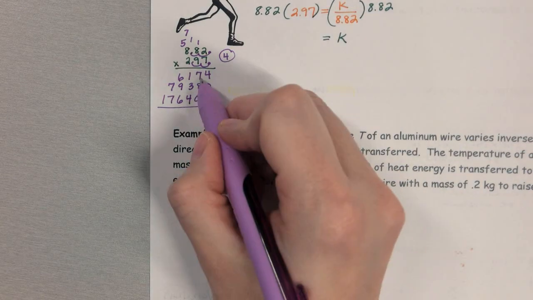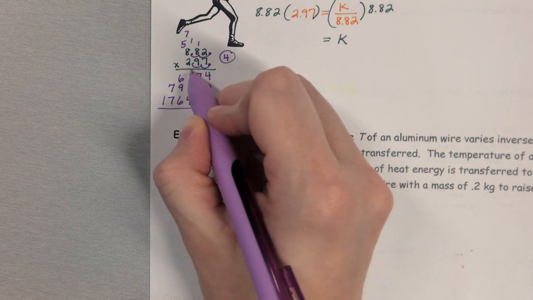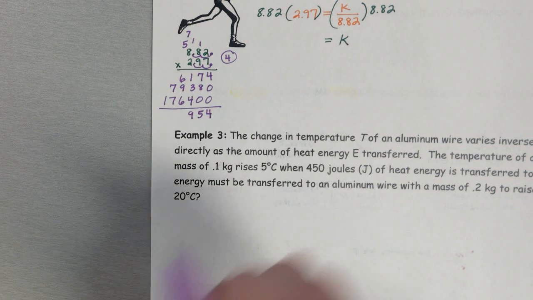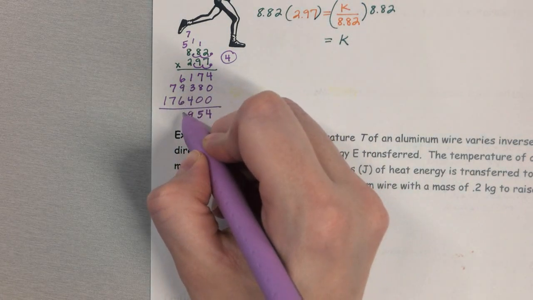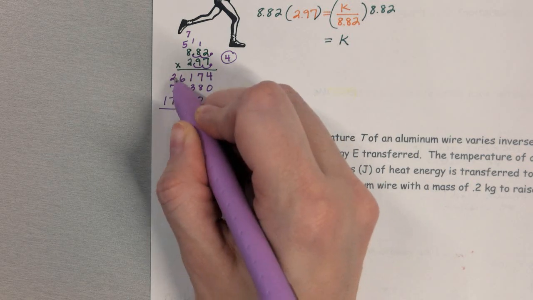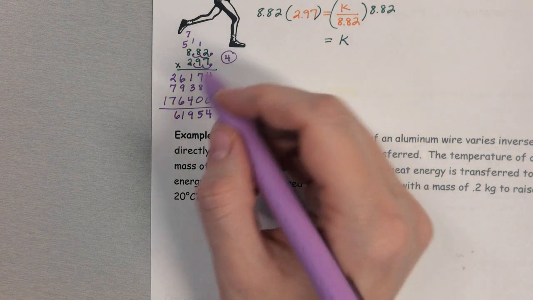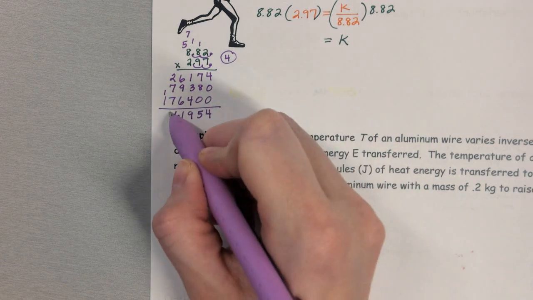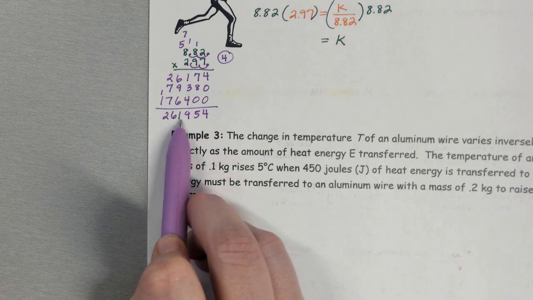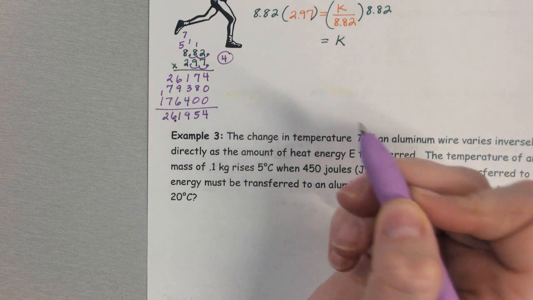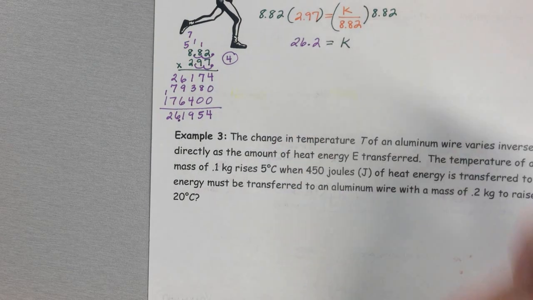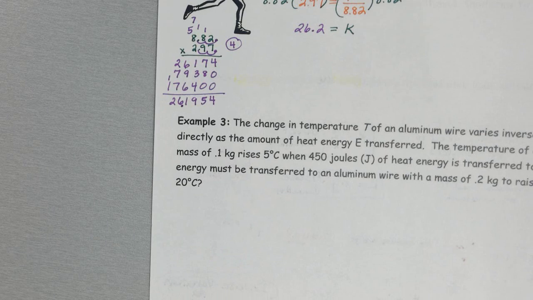So 4, 7 and 8 is 15, 2 and 3 is 5, 5 and 4 is 9, 15 and 6 would be 21, 14, 15, 16, and then because we moved 4 places, I'm just going to go back. 1, 2, 3, 4. We're going to round to the nearest 10th. Yay, we did it.